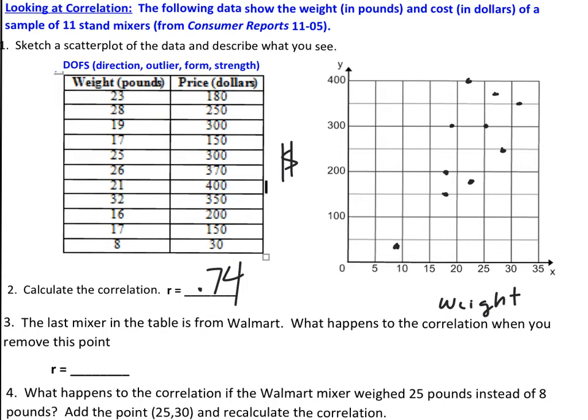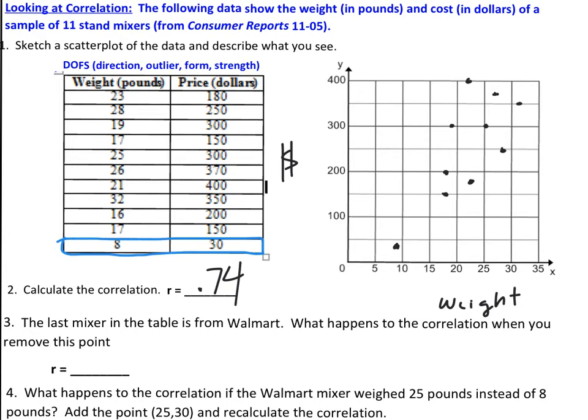Okay. The point here that I want to show you is how influential this measurement is. Okay. This last point they keep talking about is right here. It's kind of a goofy one because it's so different.